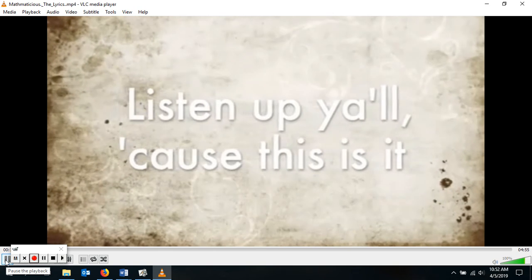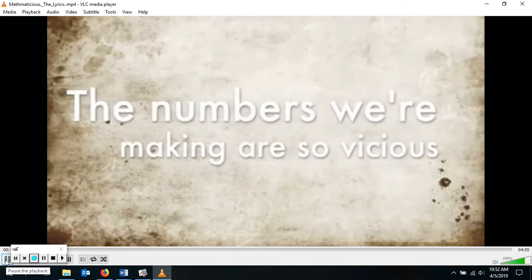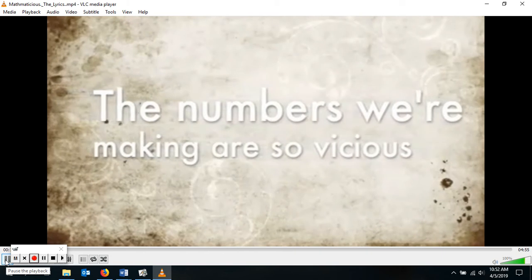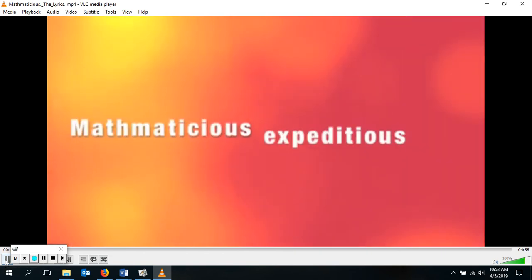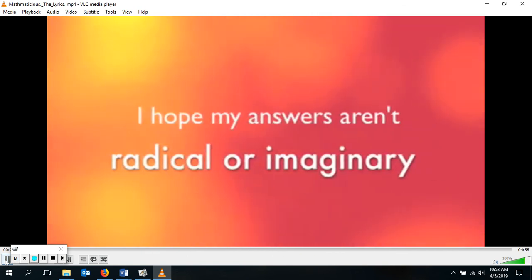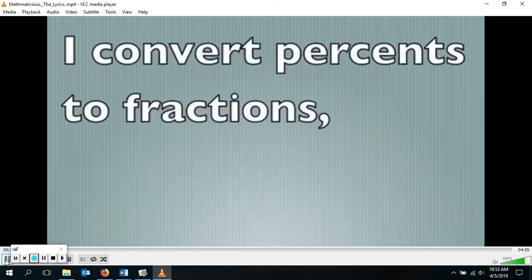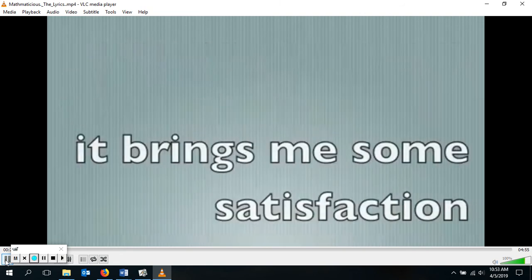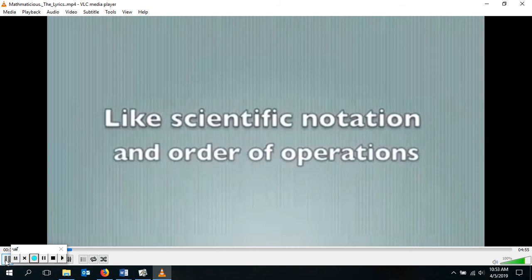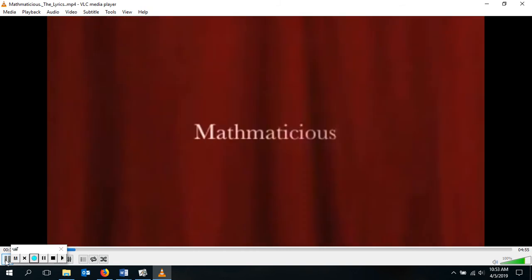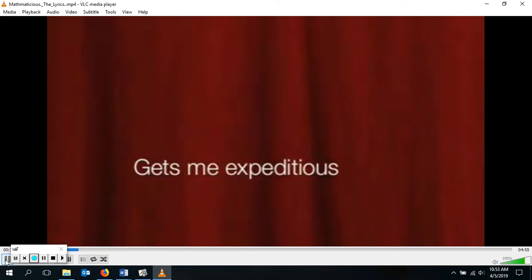Y'all, because this is it. The numbers we're making are so vicious. Mathematicious, expeditious can be kinda scary. I hope my answers are radical or imaginary. I convert percents to fractions. It brings me some satisfaction, like scientific notation and order of operations. Mathematicious, it's me expeditious.